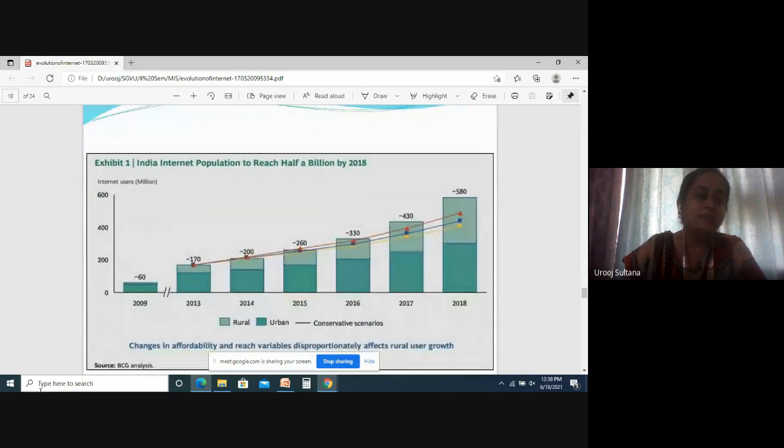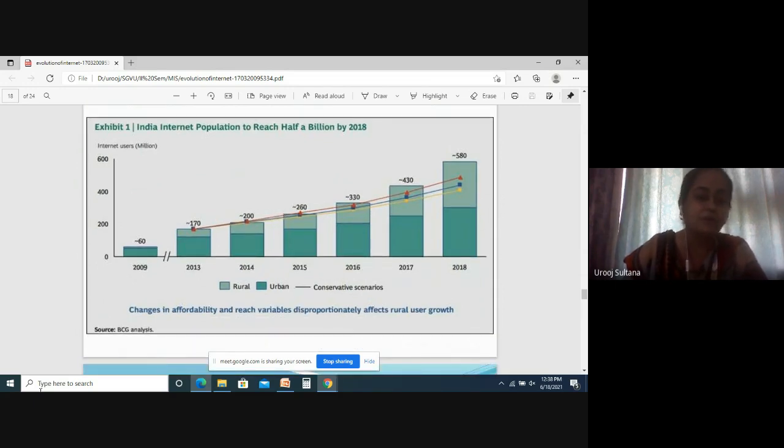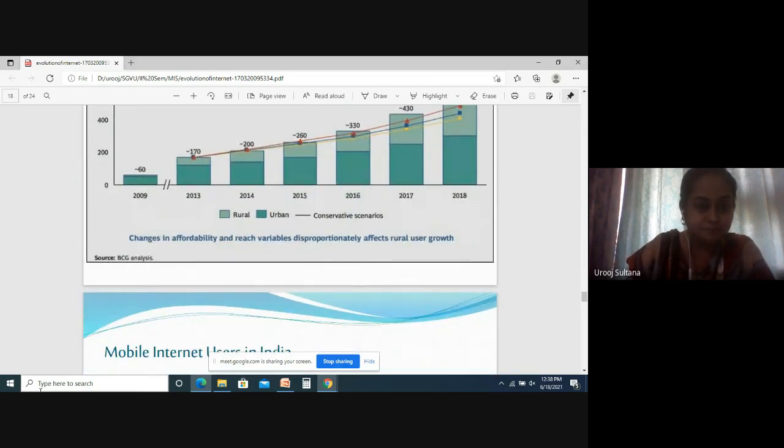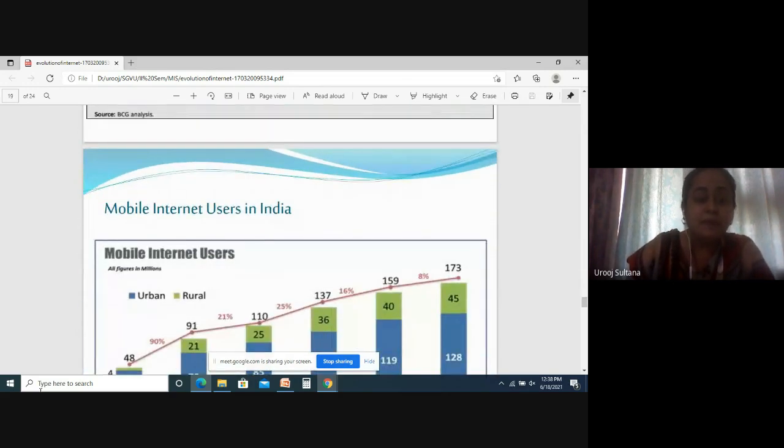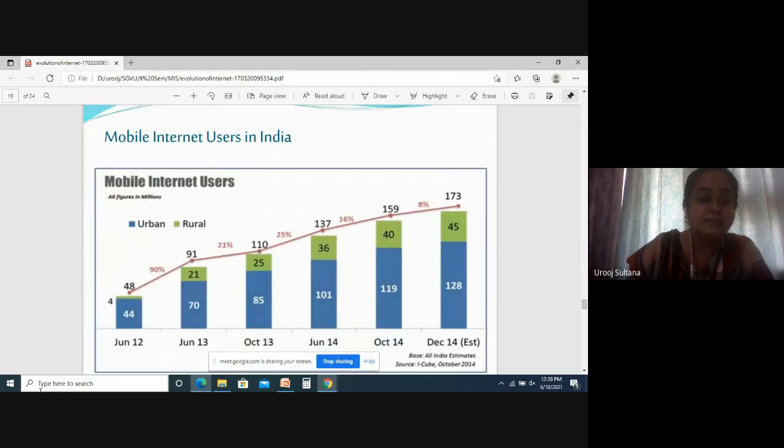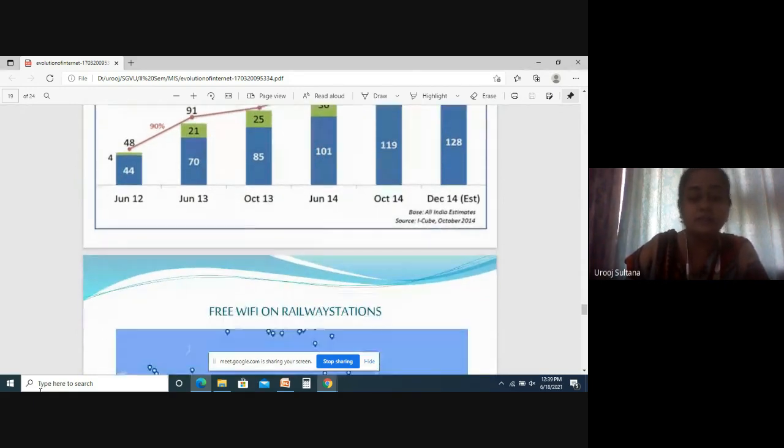Then India internet population to reach half a billion by 2018. This is the graph of how internet users increase in India. Then mobile internet users in India are increasing day by day also. This is the graph showing how mobile internet users increased in India.